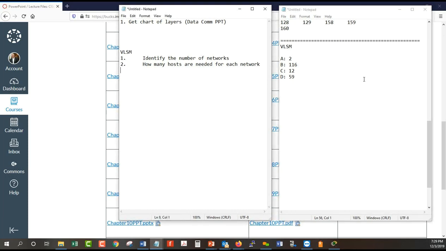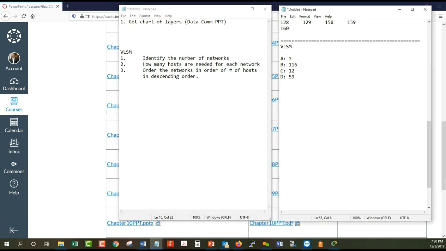The third thing that we need to do is order the networks in order of the number of hosts in descending order.